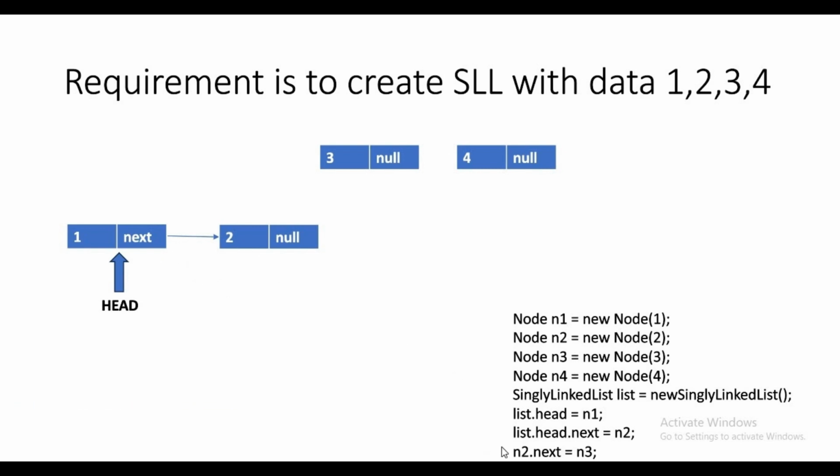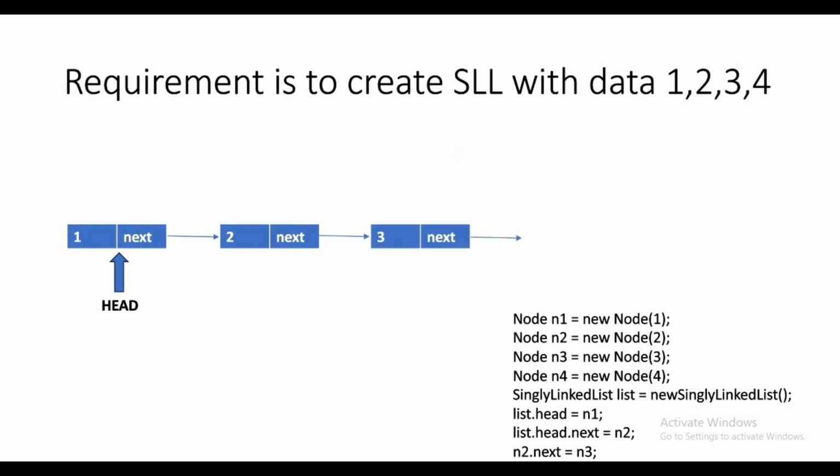If I want to link node 3 with node 2, I write n2.next equal to n3. So the reference here gets updated and this node gets linked. Similar to the next line also. Okay. Here we got a linked list created with data 1, 2, 3, 4.